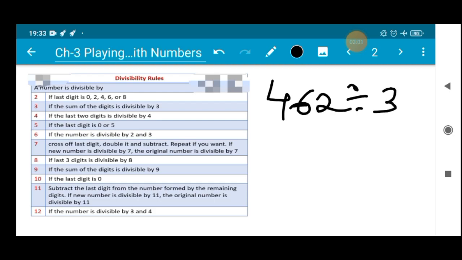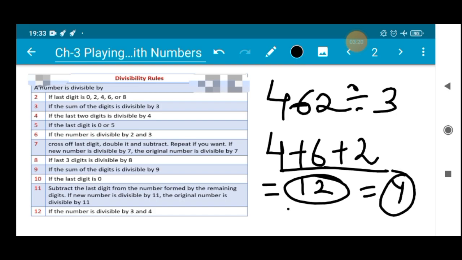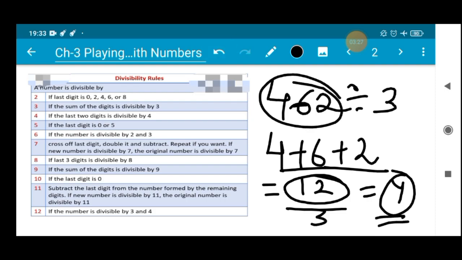Instead of dividing, for 3 we just add all the given digits. 4 plus 6 is 10, 10 plus 2 is 12. Now check whether 12 can be divided by 3 or not. Yes, 3 fours are 12, 4 will be the answer. So yes, this whole 462 will be divided by 3.